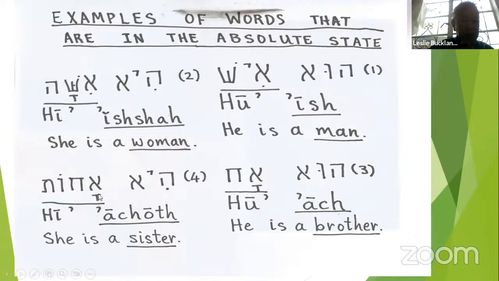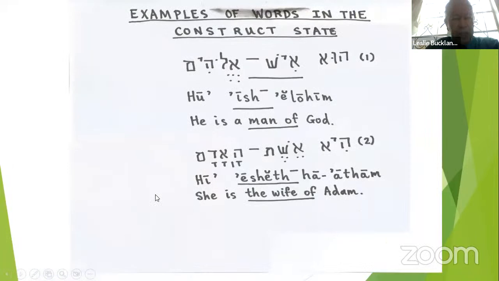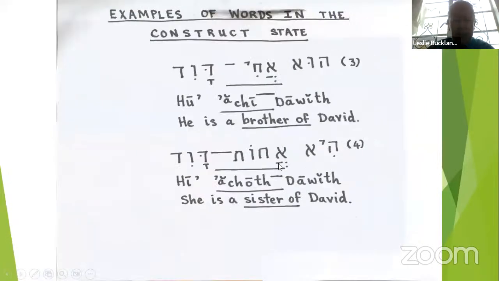This changes from being a full vowel to being a half vowel, as we see here. This is a hataf patach, a composite sheva, a half vowel, because we're hurrying to get from this noun to that other noun that explains more about the noun.